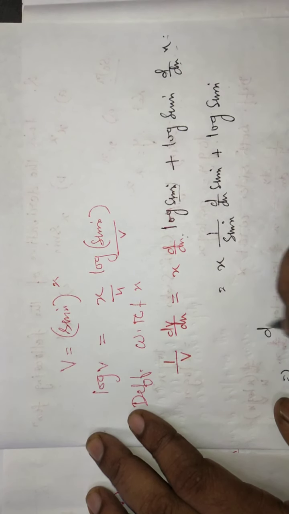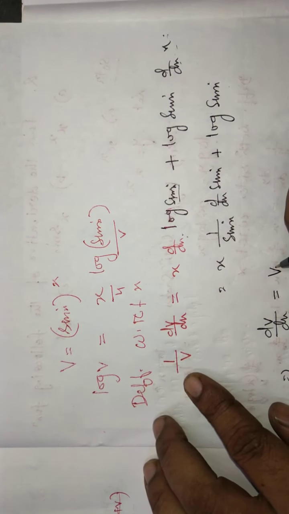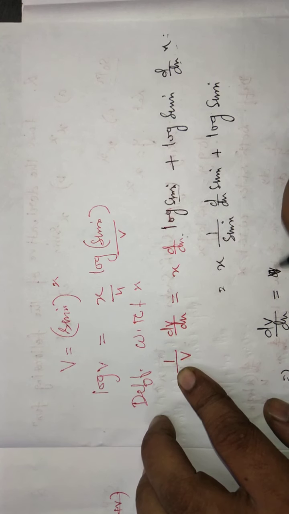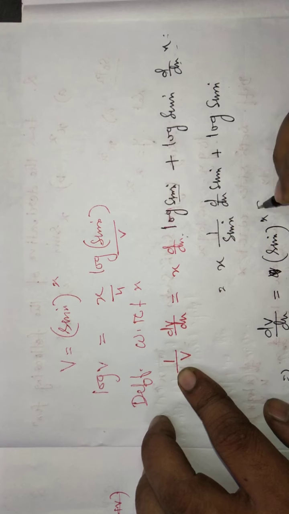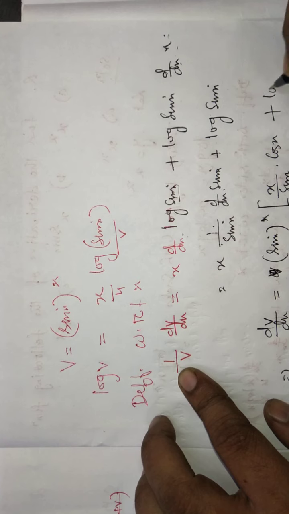Finally what you are getting? db/dx equal to b क्या होगा? मल्टीप्लाई होगा. b will be multiplied. What is b? I am putting the value of b directly. sin x whole to the power x into x by sin x into d/dx of sin x means what? cos x plus log sin x.